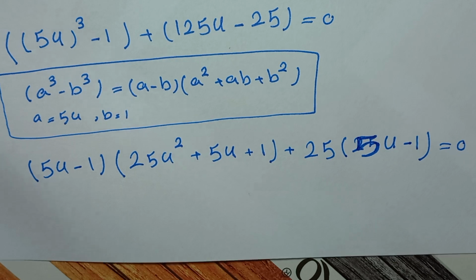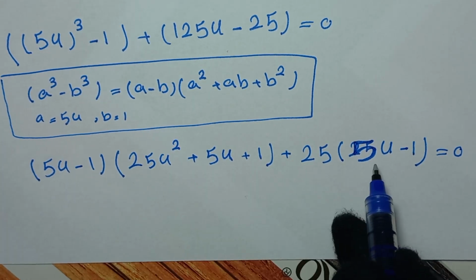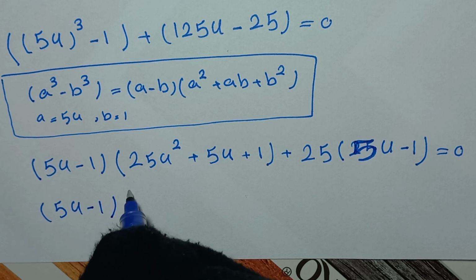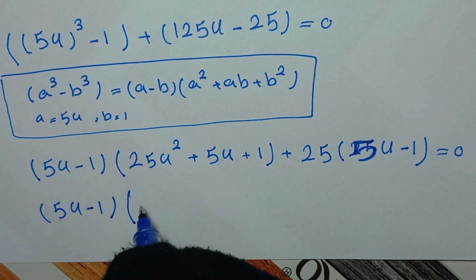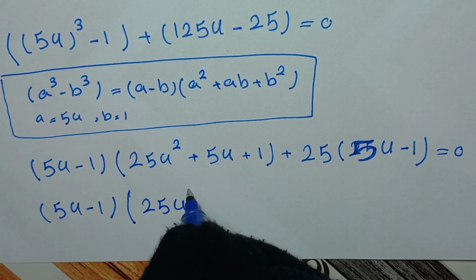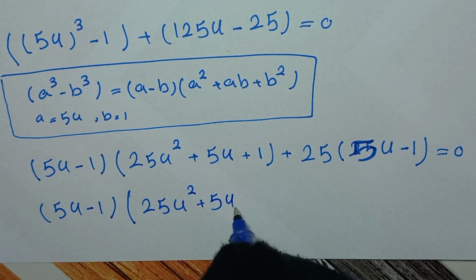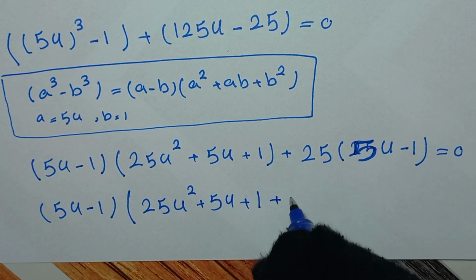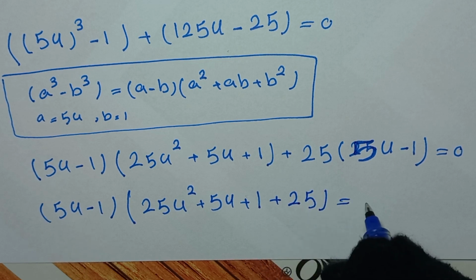And in the next step, 5u minus 1 is common, so we factor 5u minus 1, and this divided by this will be 25u squared plus 5u plus 1, and this divided by this will be 25, so plus 25 is equal to 0.